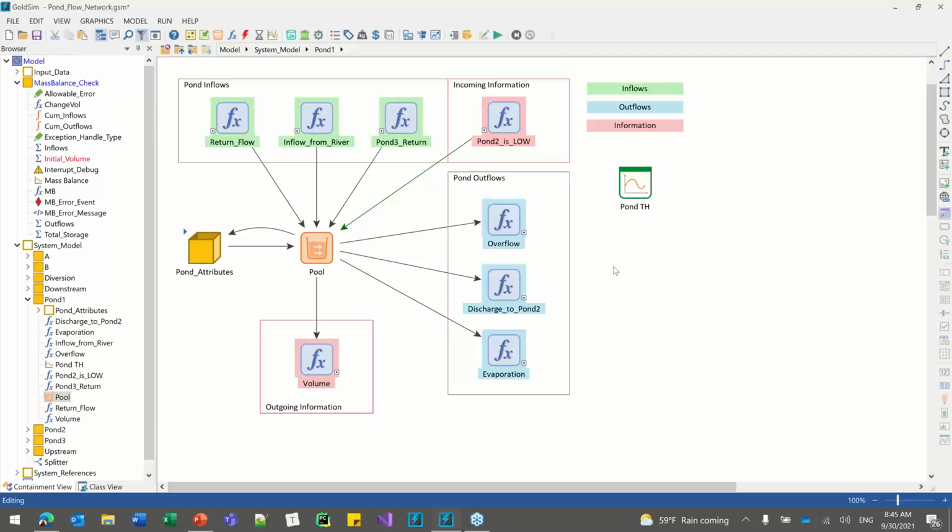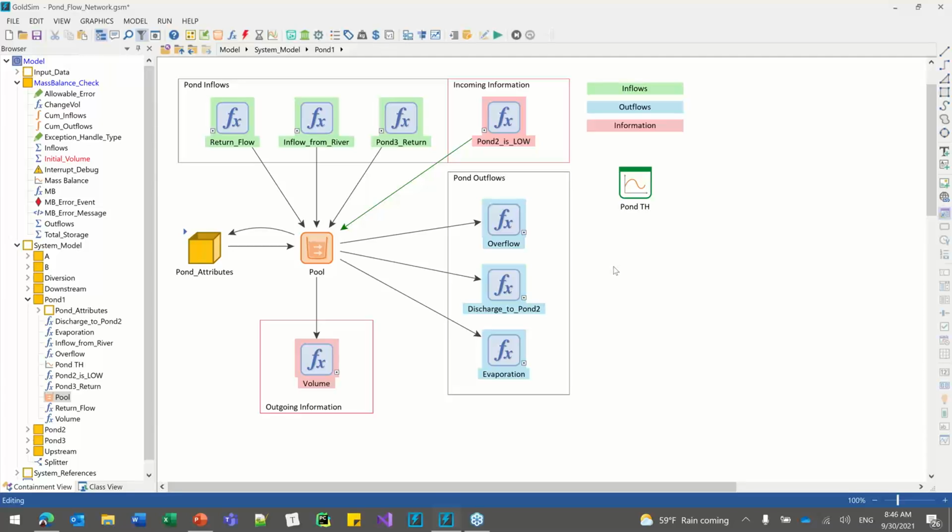If you can move references to information, these are things like, hey, this pond over here is running low, or I've got this demand for dust control over here, and I'm trying to make a request from another place. Those kinds of things are equally important to link, but they do not represent water moving.